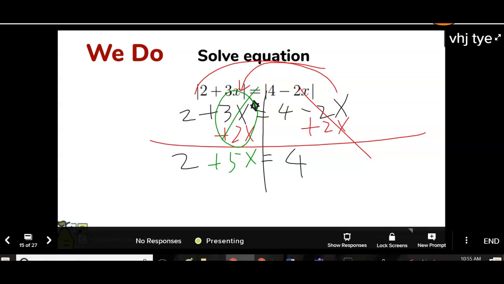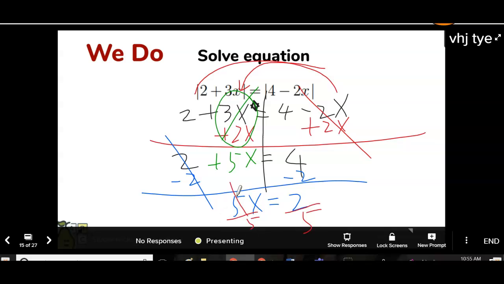First, get rid of the positive 2 by subtracting. Then you have 5x equals 2. Finally, get rid of the 5 by division. So you have x equals 2 over 5. And that's it.